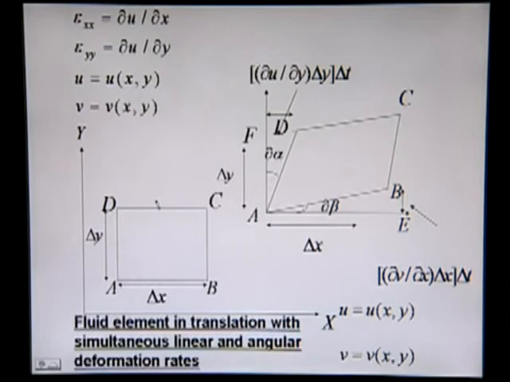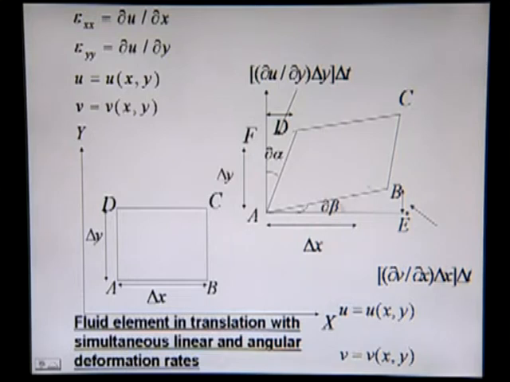Or in a simplified manner, we can find out the angle. This angle is equal to this perpendicular distance, del v over del x into delta x into delta t, divided by this horizontal distance, which is delta x. The change in distance is considered small, so this delta x is cancelled. This is del v over del x multiplied by time. So what is the angular rate? Delta alpha dot is equal to del v over del x.